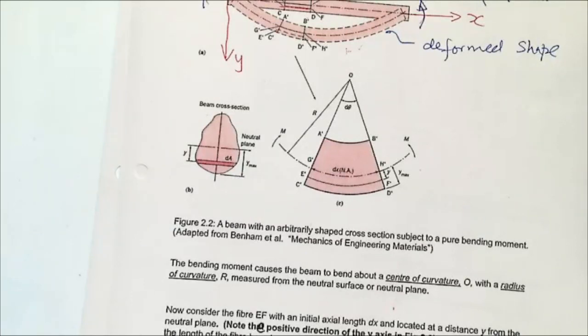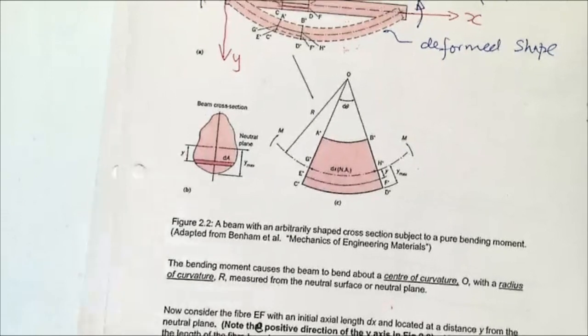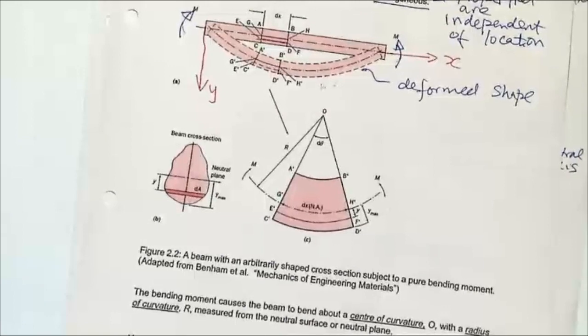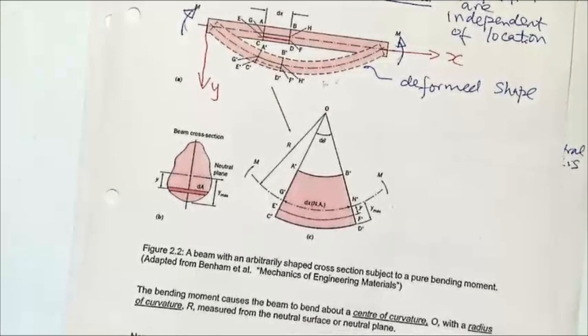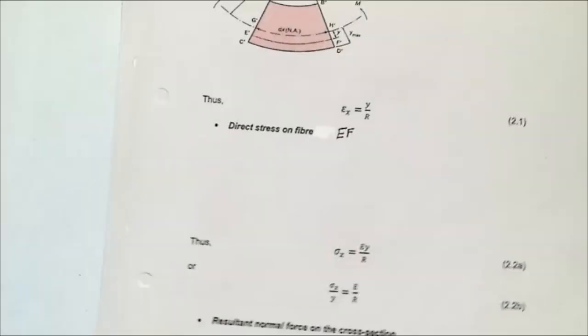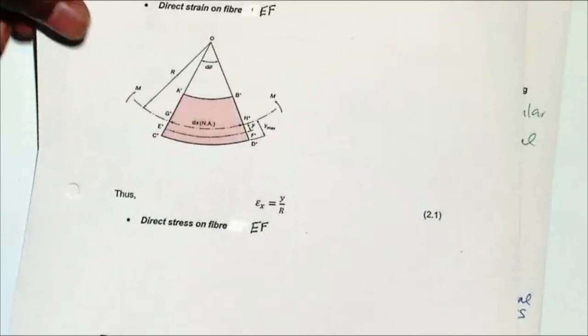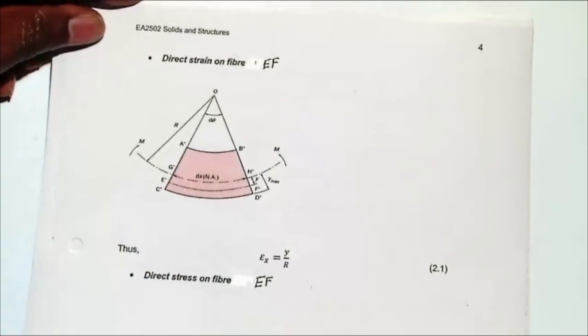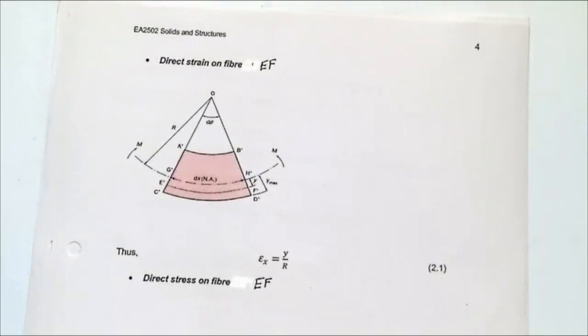So let's look at what is the strain along line E prime F prime. I'll go to the next page, and I'm going to show the same diagram again because that's the one that we need. Our aim is to find the strain along the new length.